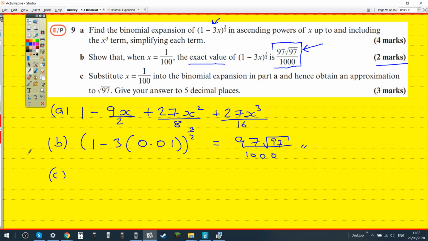So now I just need to sub the 1/100 into the actual long expanded thing. Yes, and that's why this second question is worth 2 marks, because I remember initially for part B you were subbing it into our expansion, but for part B you sub it into the original, and part C you're subbing it into the expansion. All right, sub it in. What do you get? And I'll just write 1/100.